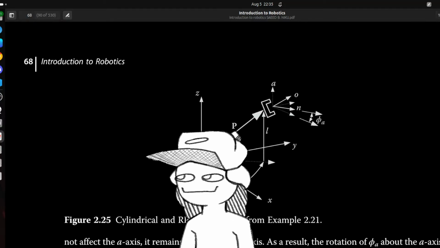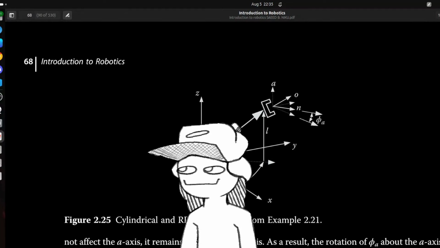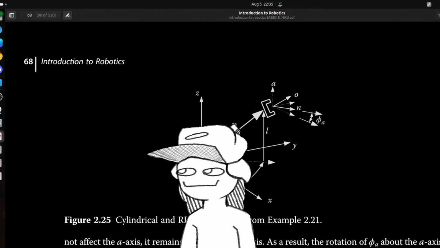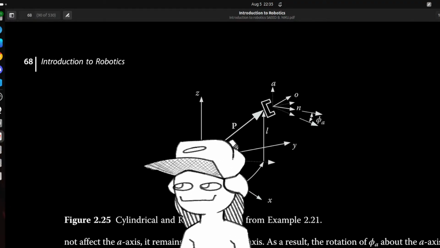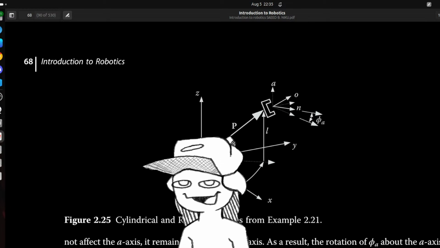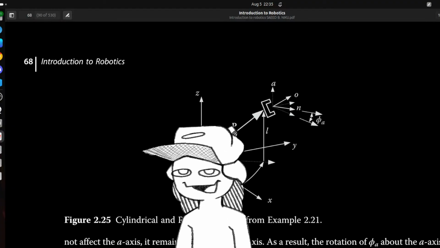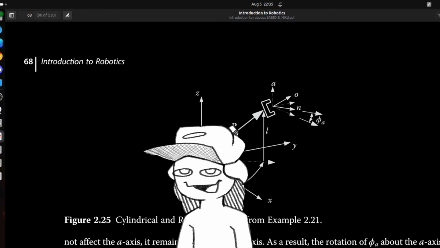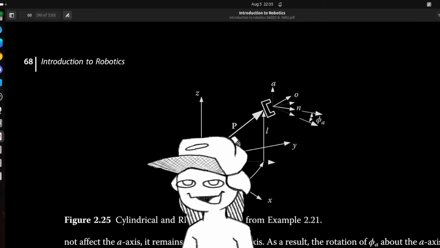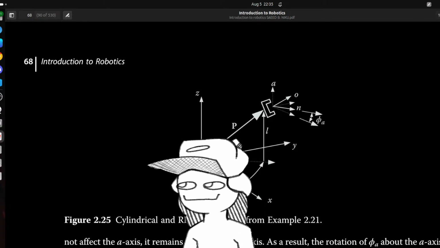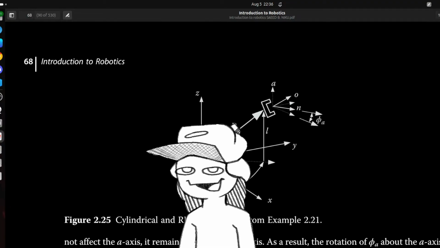As a result, the orientation of phi a about the a-axis for RPY will simply be added to the rotation of alpha about the axis. Simply we add it to alpha.